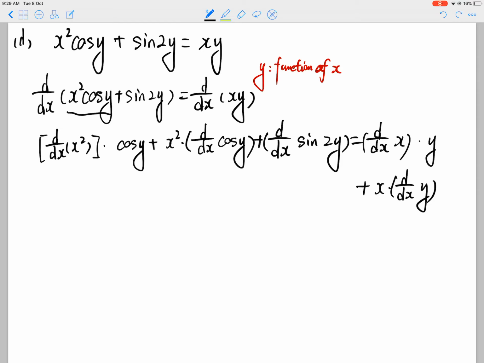It's 2x times cosine y, plus x squared times the derivative of cosine y.